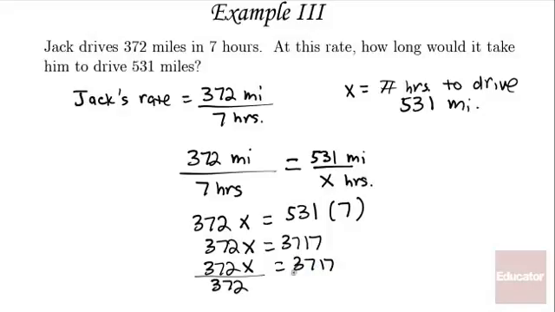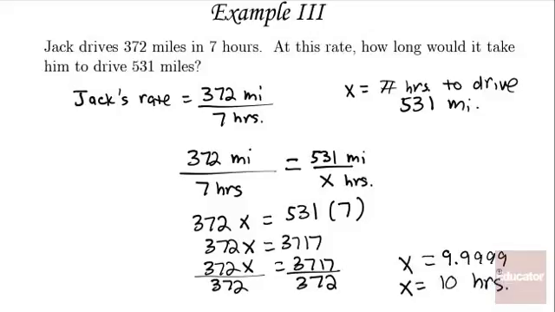Finally, you end up with an answer. x equals 3717 divided by 372 comes out to 9.99999, but we can go ahead and round that off and say that x equals 10 hours. It doesn't specify here, but in your problems it might tell you to the nearest hour or tell you how to round off.